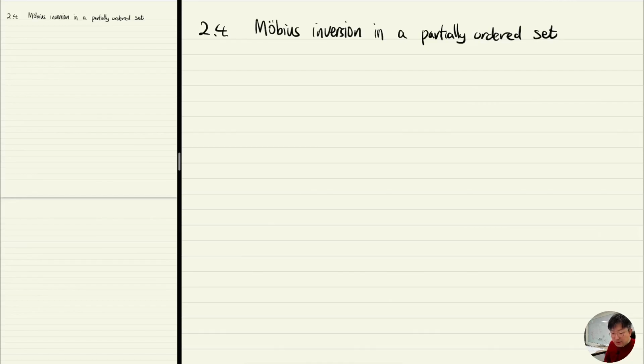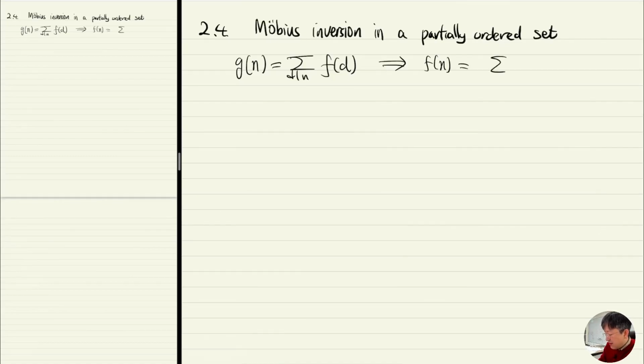So if you took the number theory course, you may have seen the following theorem: if you have a function f, and g of n, where n is a positive integer, is defined by this, then you can obtain f from g by some formula.